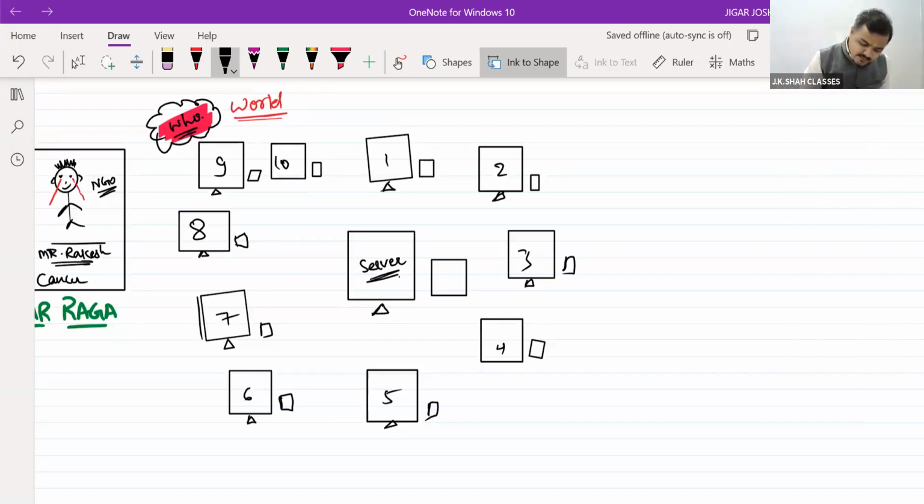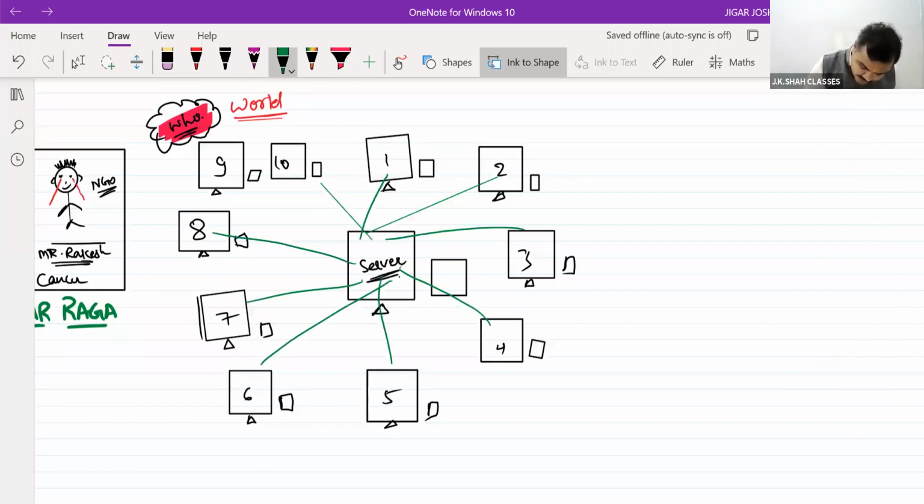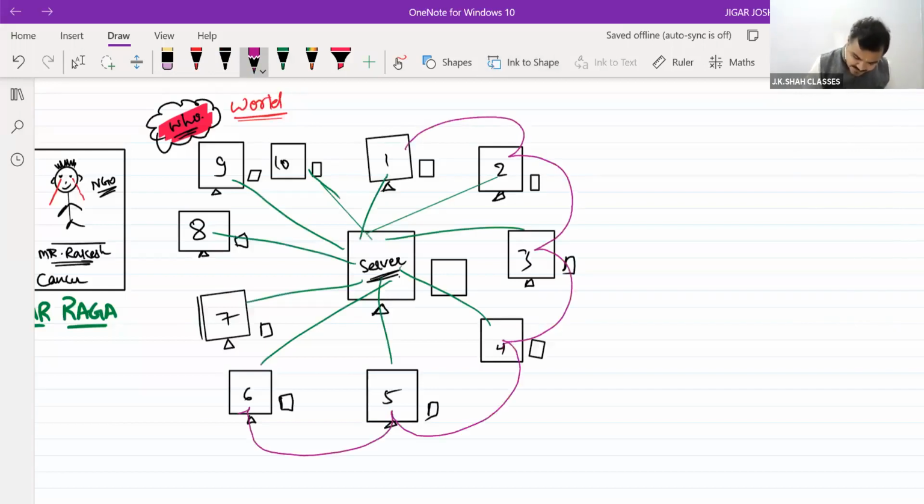Okay. Sir, one more question, sir. What is that? Sir, will all these 10 PCs be connected to the server? Yes, all my future chatters, all 10 PCs will be connected to my server. Sir, are these 10 PCs connected with each other? Yes, people. These 10 PCs are connected with each other also.